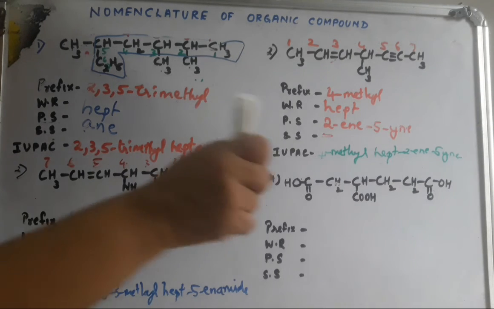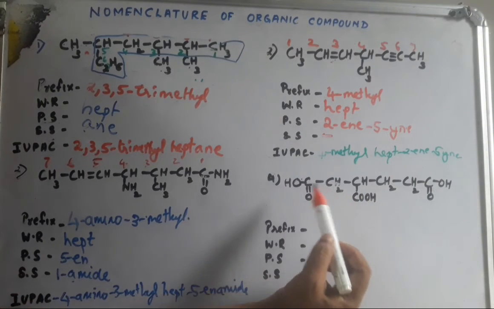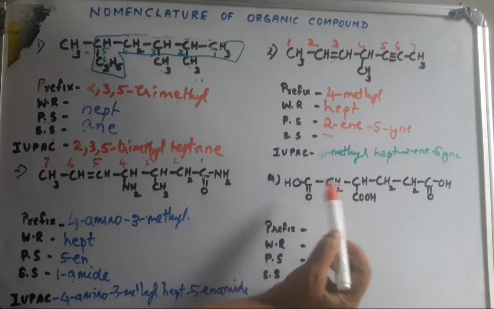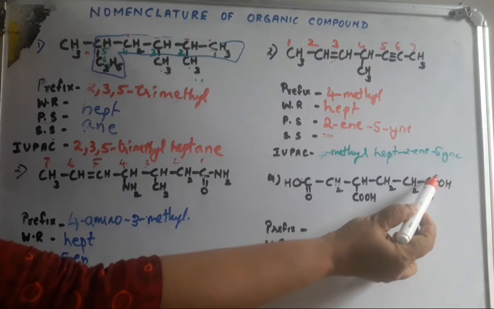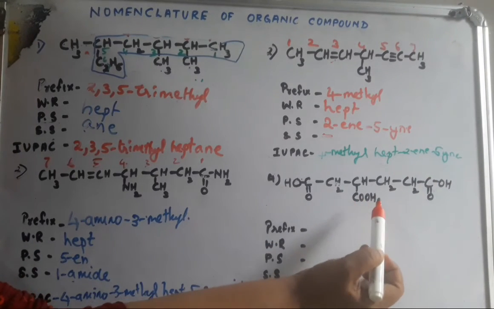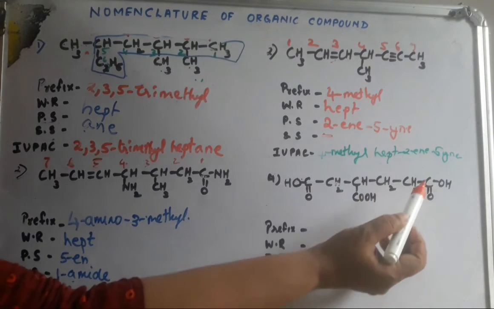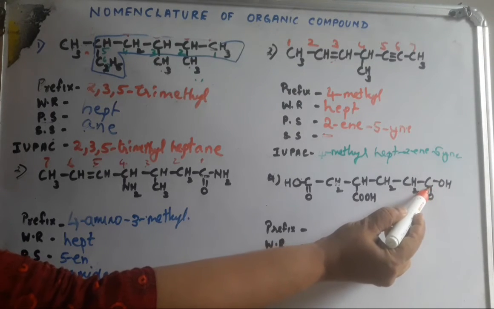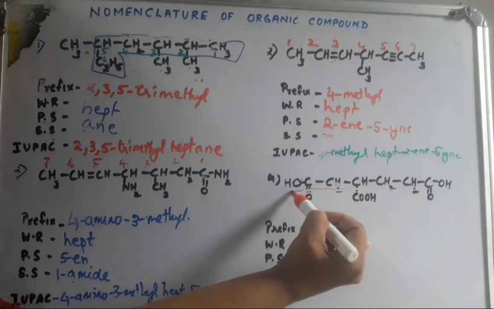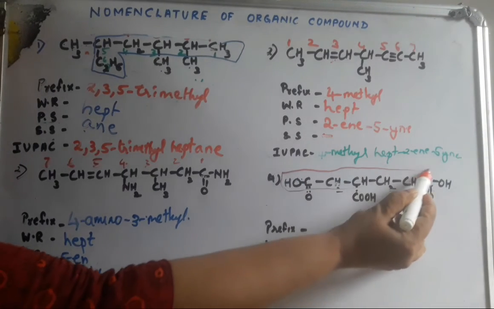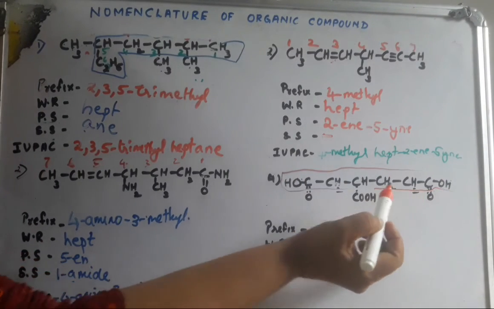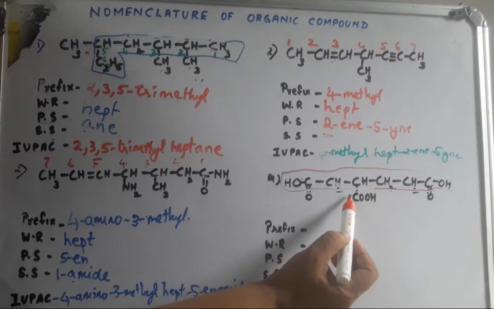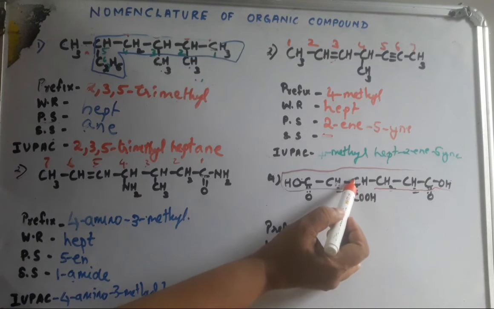Now let us move on to the next one. Now here look, COOH is there. Again there is another COOH. Here there is COOH. Now let us take the longest carbon chain including COOH. So you will be taking a chain like this, okay. So this is the carbon chain. Now here you can see this functional group is coming as a substituent.